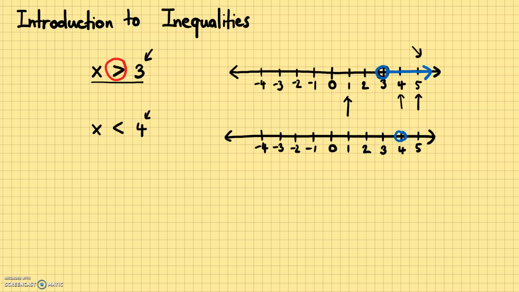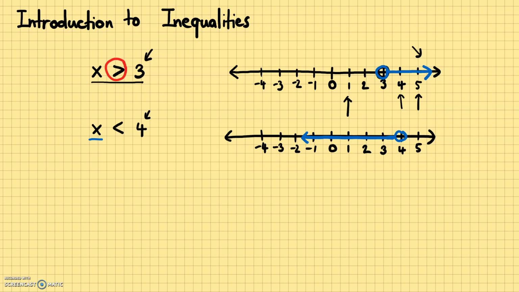It's 4 this time. And which way should the arrow go this time? This time x is smaller than 4. Right? X is smaller than 4. So it's going to be the numbers on this side, the smaller numbers. Okay, so this is how you can graph the inequality.